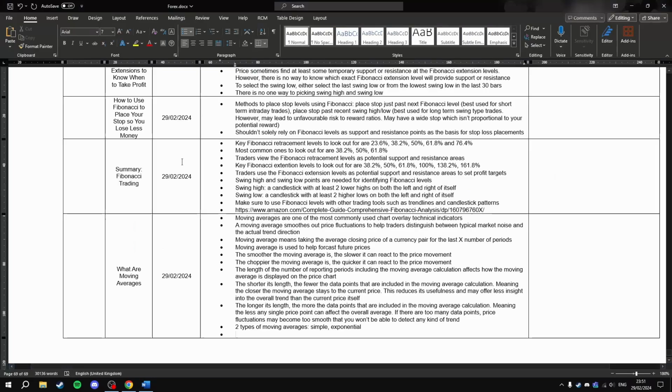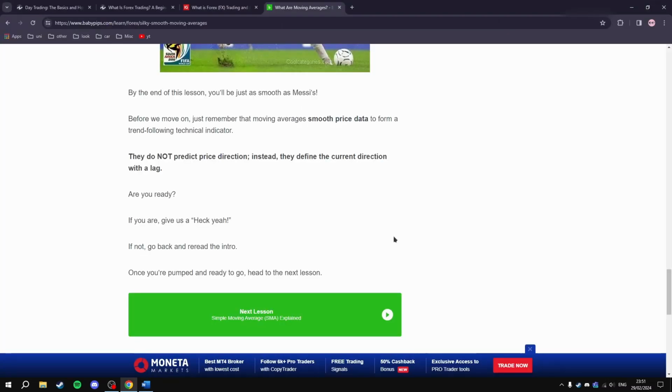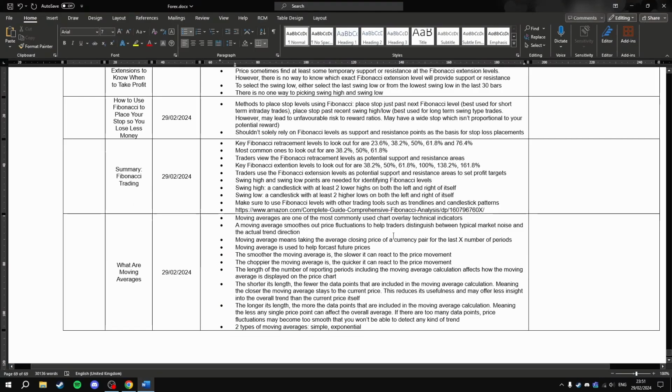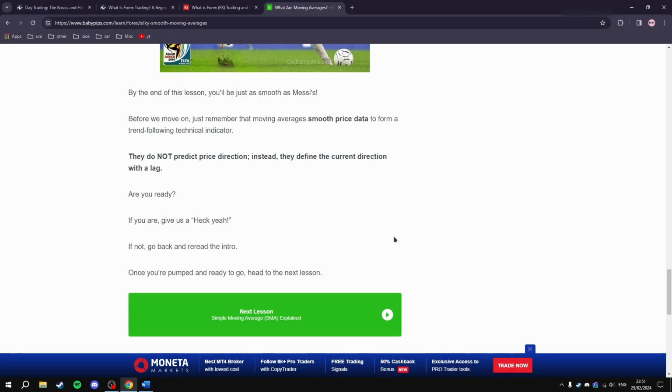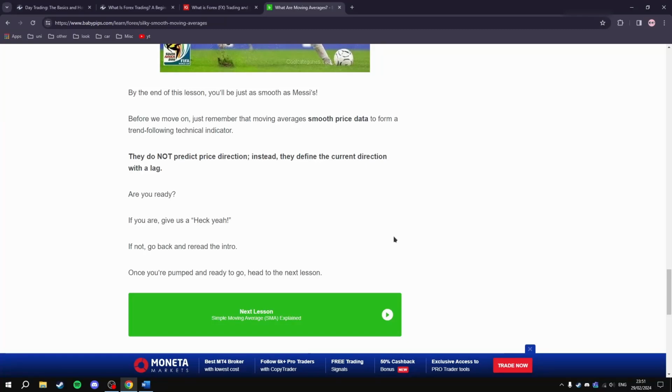So, why did they say it's used to help forecast future price data? They do not predict price action.